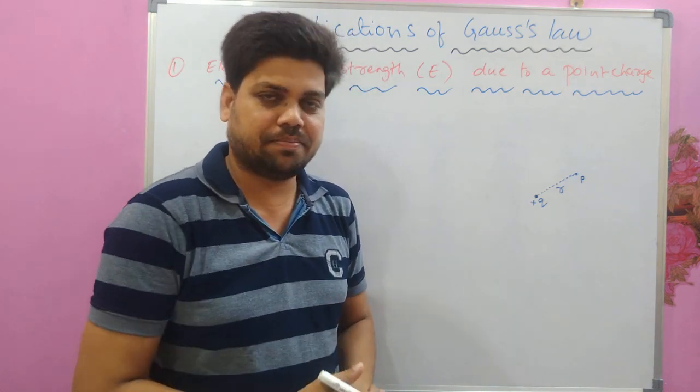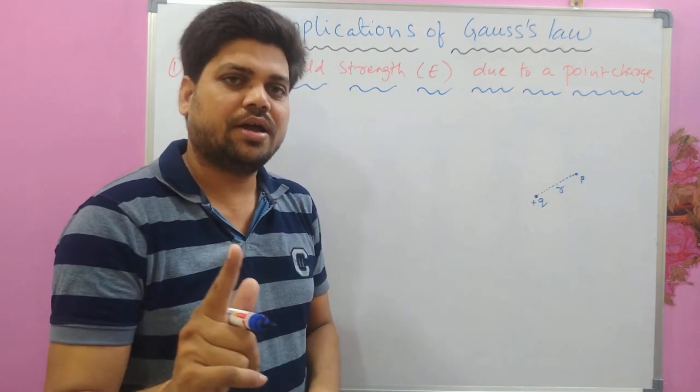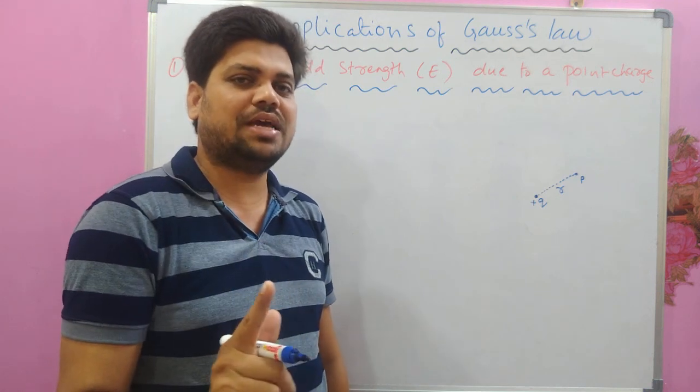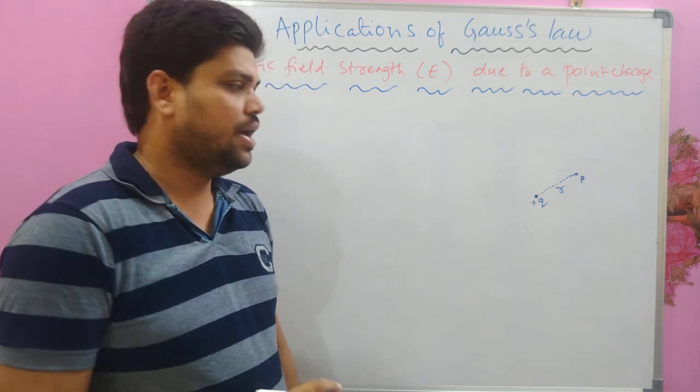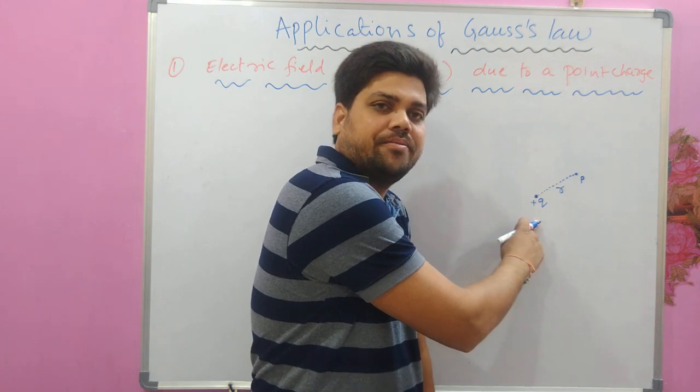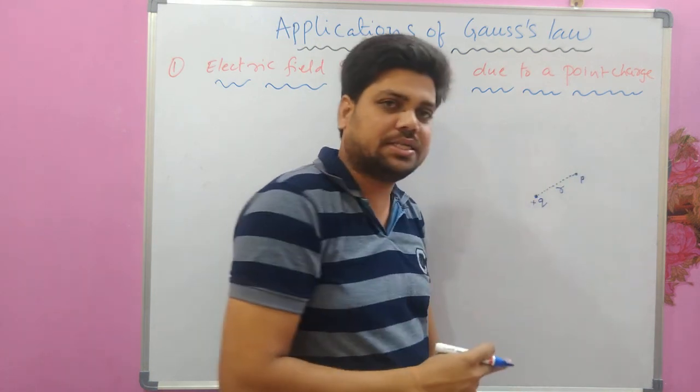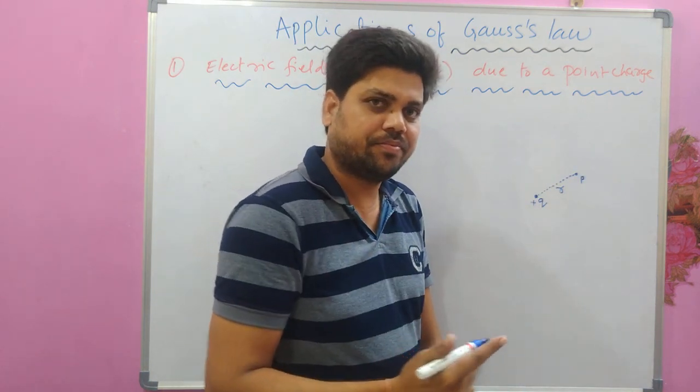What is the second step? Draw a closed surface or Gaussian surface around this charged body passing through this point. Right?